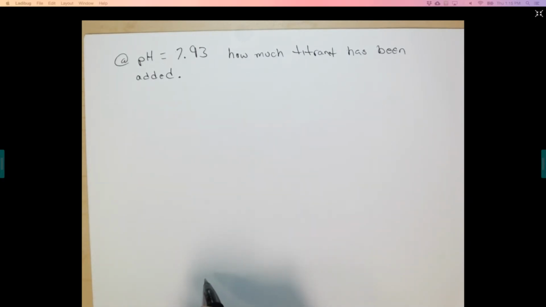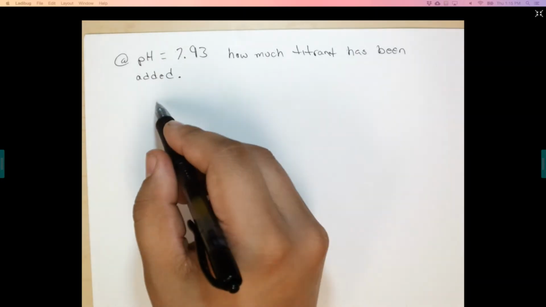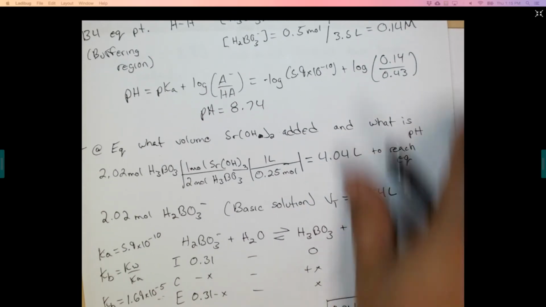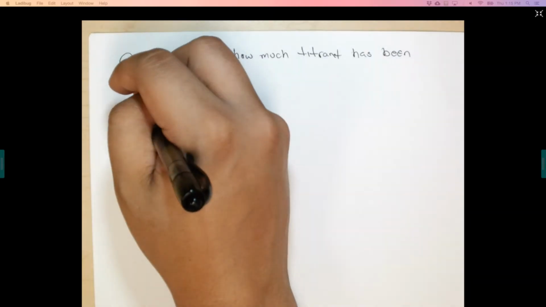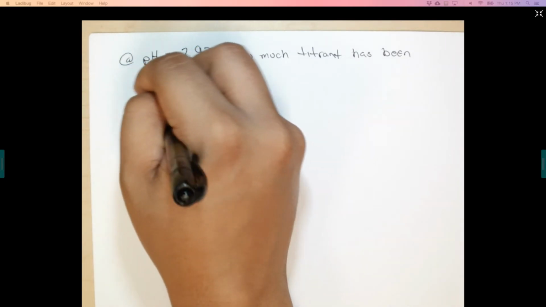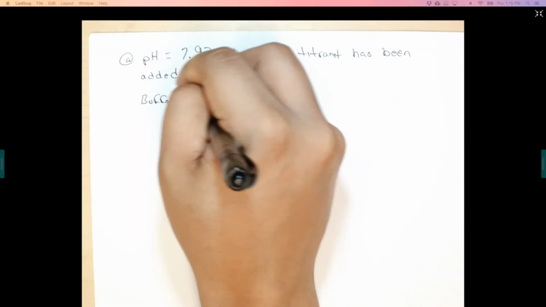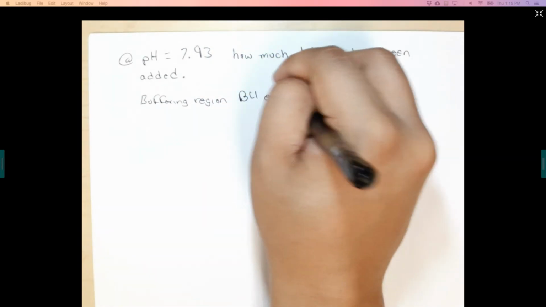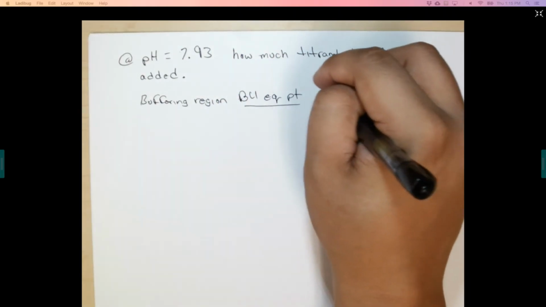If we think about Henderson-Hasselbalch, this is in the buffering region, because at the equivalence point we're at 11.56. We just saw that, right? So 7.93 is in the buffering region. We are before the equivalence point. Therefore, we can use Henderson-Hasselbalch.